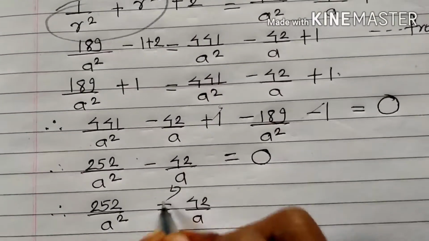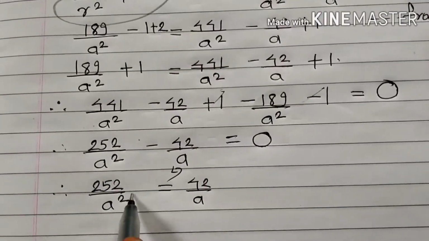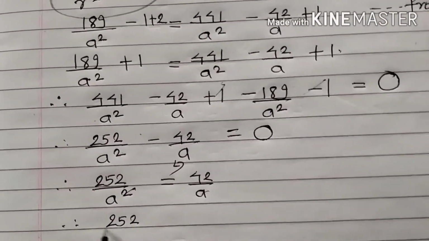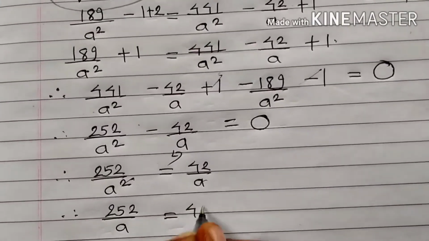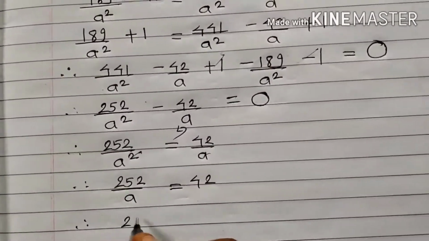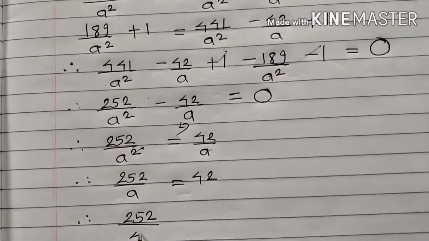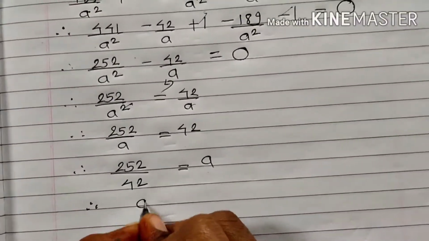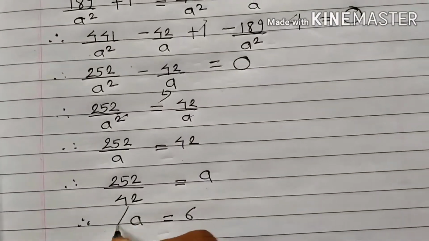Take this 42 on the RHS side. This a square cancels, so therefore 252 upon a is equal to 42. So therefore 252 upon 42 is equal to a, and hence a is equal to 6.